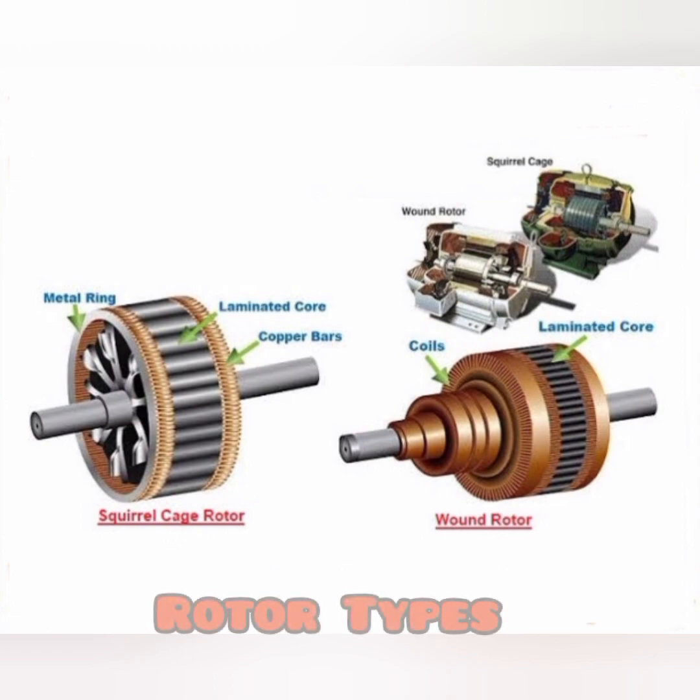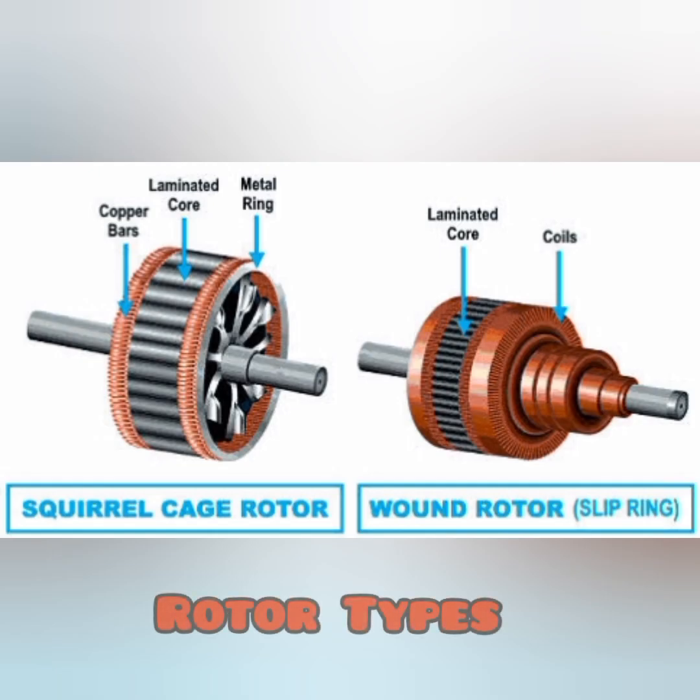The induced EMF opposes the rotating magnetic field, and in a certain period the rotation of the rotor and stator will be in the same direction, and automatically the motor gets started, and the electrical energy to mechanical energy conversion takes place.